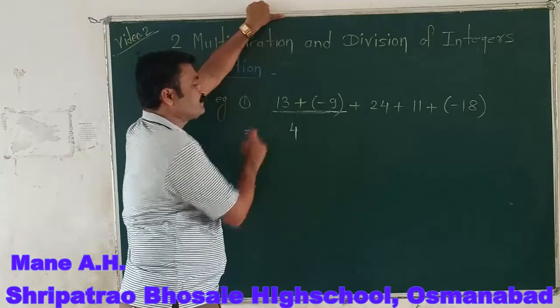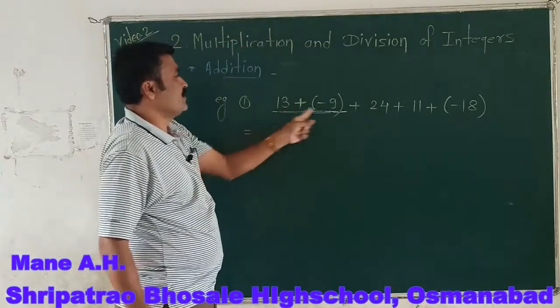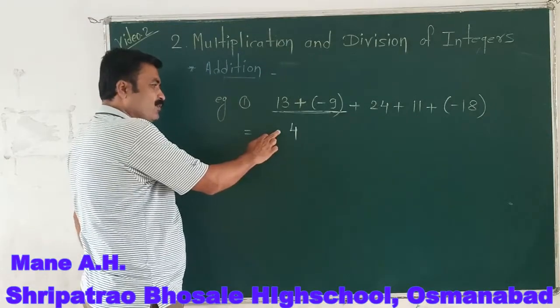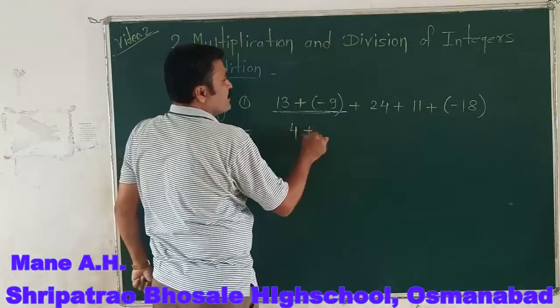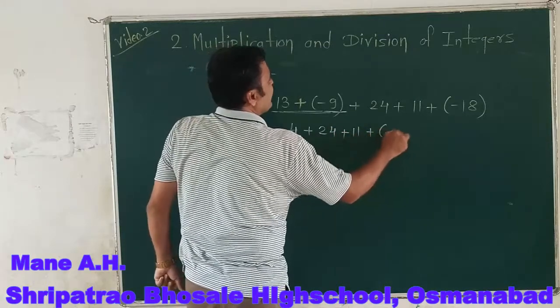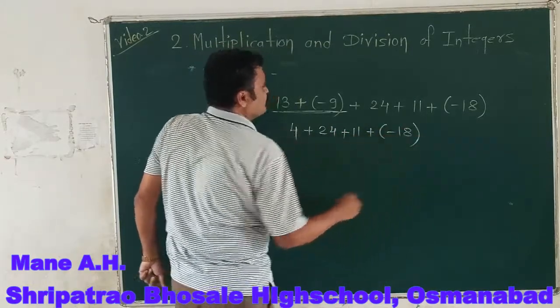That means first addition that comes as +4, plus sign that need not be written down here. So +24 plus 11 plus into bracket -18.